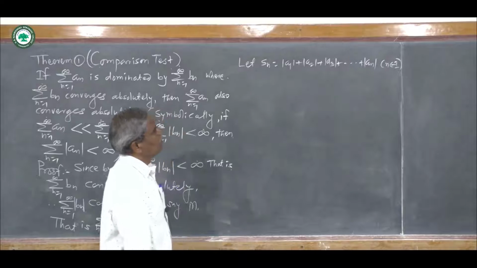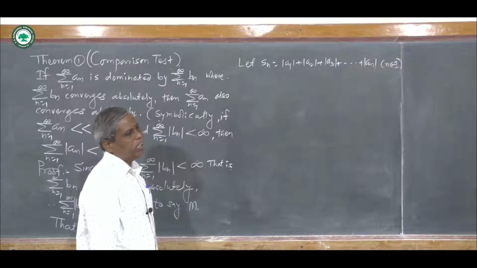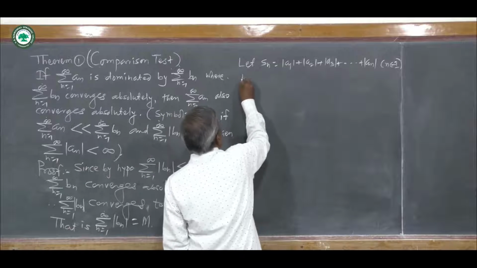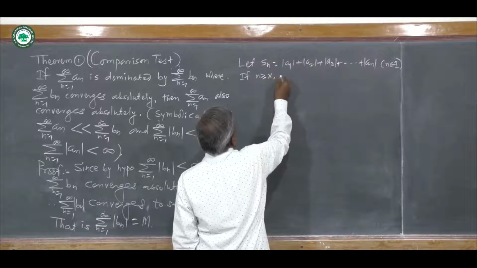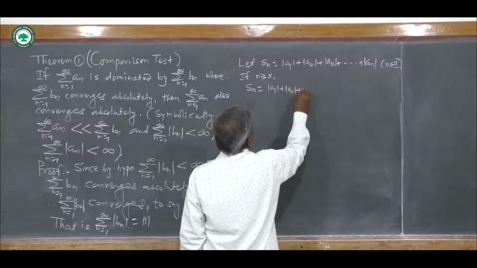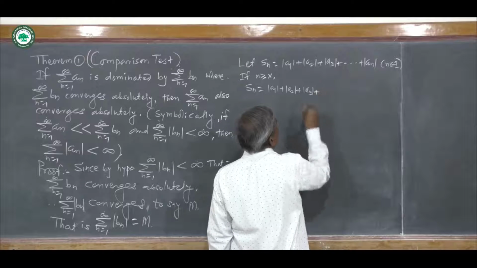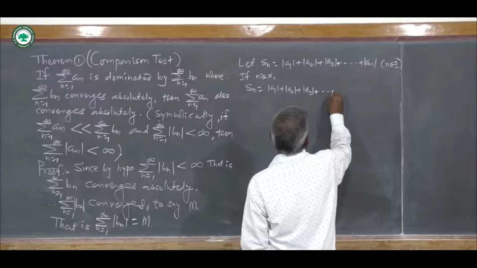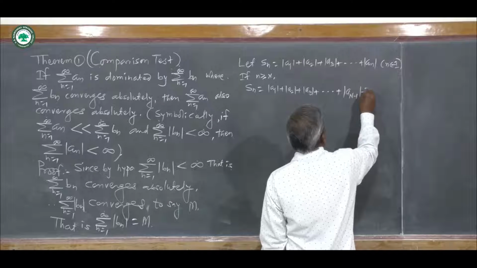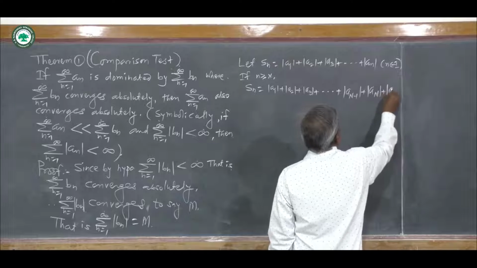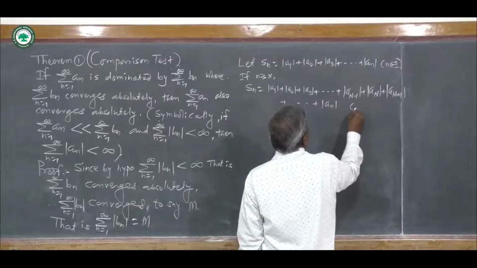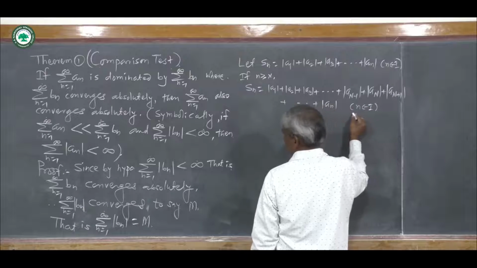If small n is greater than or equal to capital N, then Sn is equal to mod A1 plus mod A2 plus and so on plus mod of A suffix capital N minus 1 plus mod of A suffix capital N plus mod of A suffix capital N plus 1 plus and so on plus mod of A suffix small n for every positive integer n.